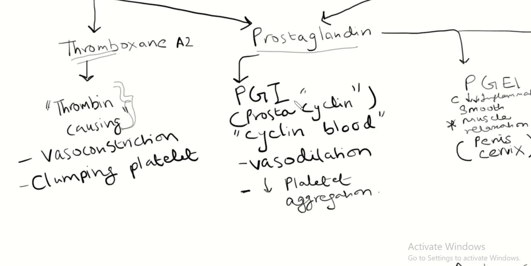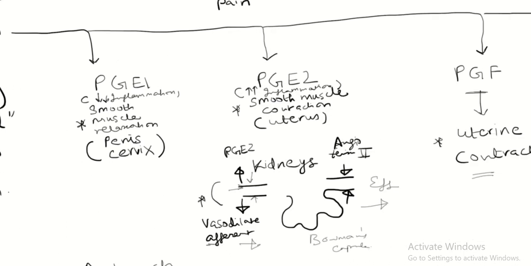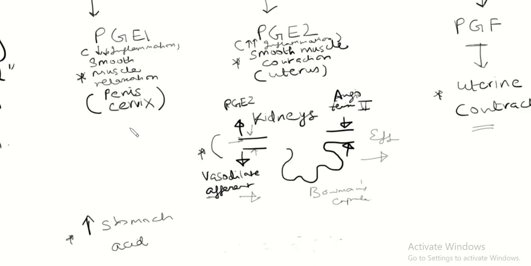First one is PGI, also called prostacyclin. It's cycling the blood. It's opposite to thromboxane: decreased platelet aggregation and vasodilation. Then we come to PGE1 and PGE2. One of them causes smooth muscle relaxation of the penis, cervix and some other smooth muscles, and increases stomach acid because you're resting and digesting, and this is the way I remember it.